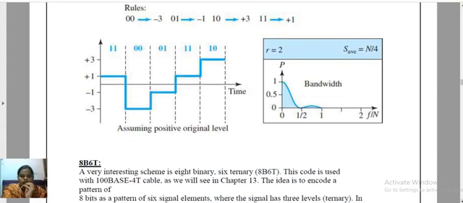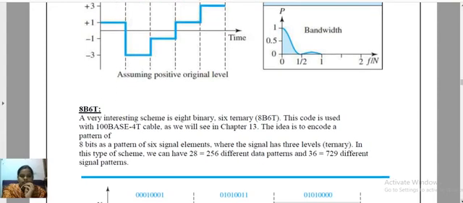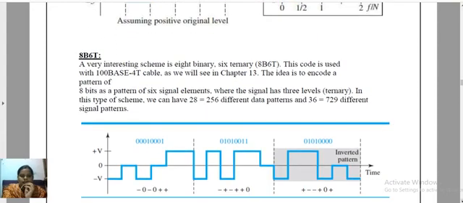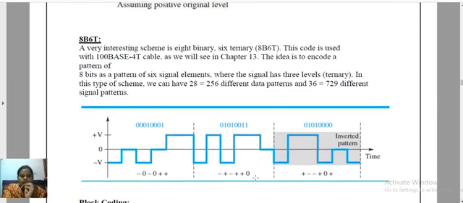Next is 8B6T. This is an interesting scheme where the conversion is done on an 8-bit pattern. This coding scheme is used in 100BASE-4T cable.